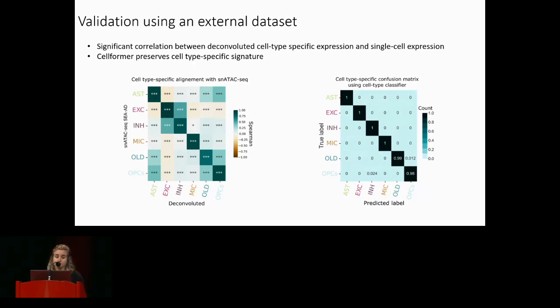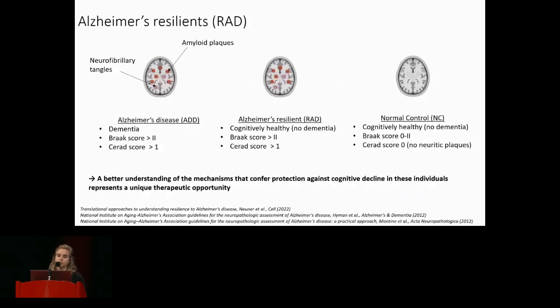We then applied it to unveil Alzheimer resilient epigenetic signature. Alzheimer resilient are people that are cognitively healthy but do have a high pathological load of the disease. These people are really exciting because understanding the mechanism that confers protection against cognitive decline in these individuals represents a unique therapeutic opportunity.